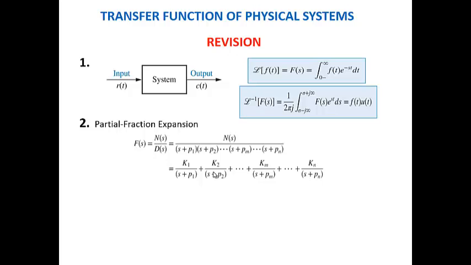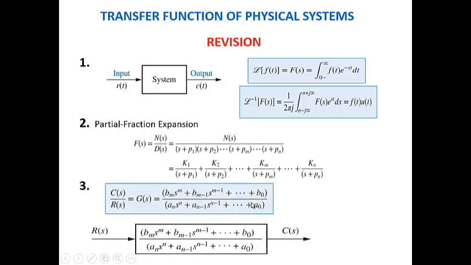From that you can use your table directly by using the partial fraction expansion. In simple words, you just simplify your denominator in order to simplify your transfer function, your Laplace function, and then your F(s) here will be distributed into new parameters which are k1, k2 until kn, the unknown parameters.